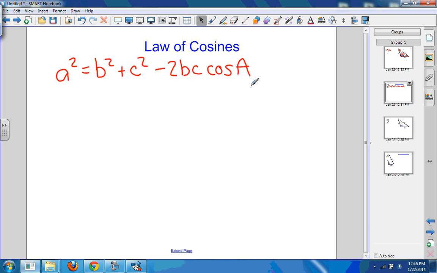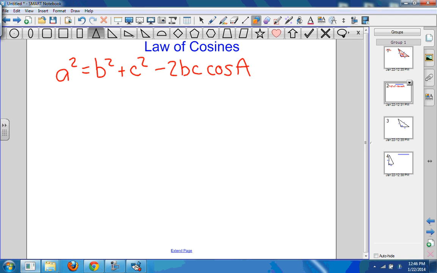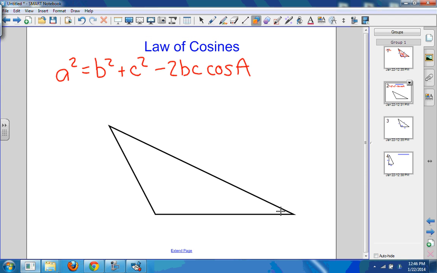Let me draw a triangle here to make a little more sense of that. We have a triangle here. We're trying to find a missing side. We'll call this side A. We don't know what it is, we want to figure out what it is.